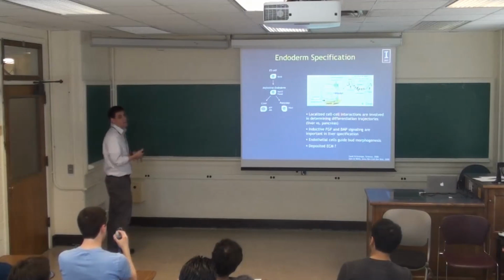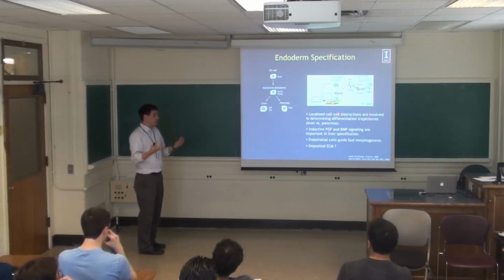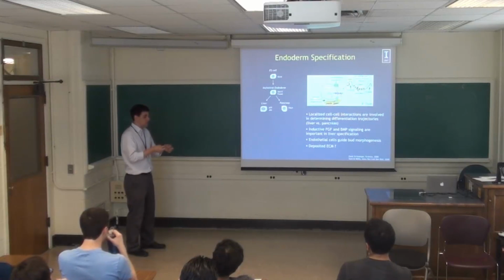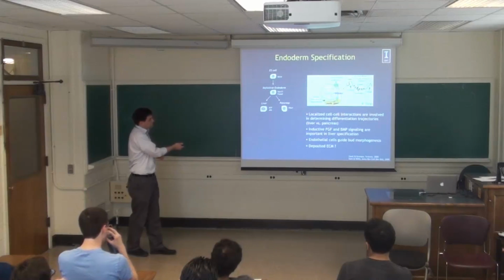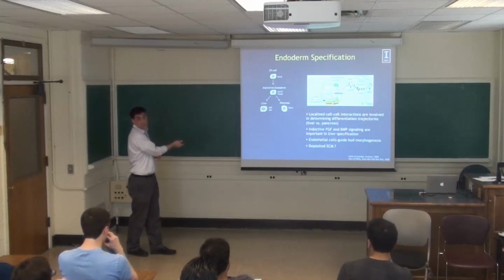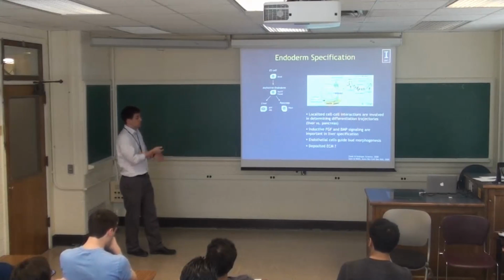So what controls that? There are various elegant studies within developing mouse embryos that have identified a few factors, and mostly these are secreted, soluble factors. It's been seen that the developing cardiac mesoderm right here plays a big role.